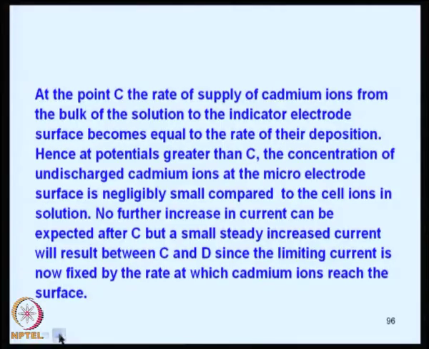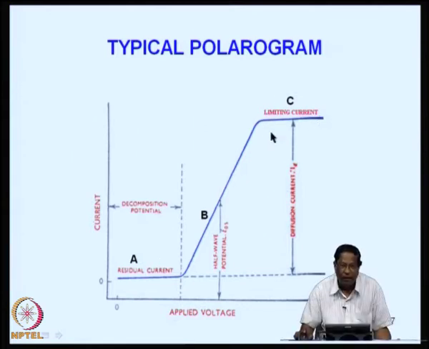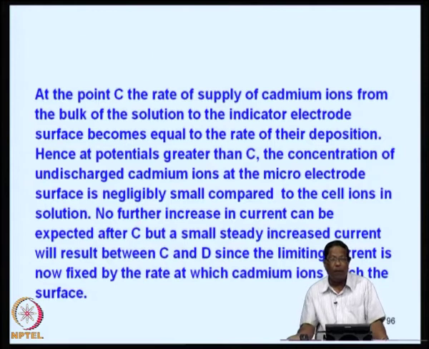So, at the point C, please look at this slide again. At the point C, I have a flat region. In this flat region, from the point C, the rate of supply of cadmium ions from the bulk of the solution to the indicator electrode surface becomes equal to the rate of their deposition.